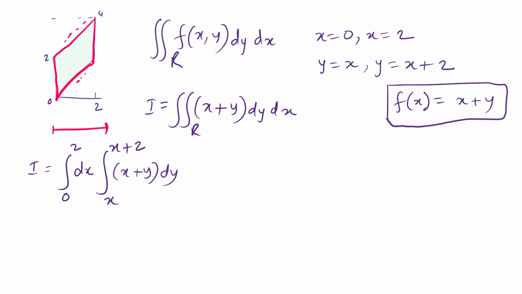Now, if we try to solve this, it will be 0 to 2, and if we integrate the inner part, we have xy plus y square by 2, and then the limit is x to x plus 2, dx.